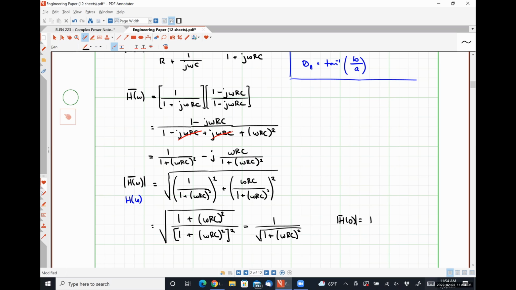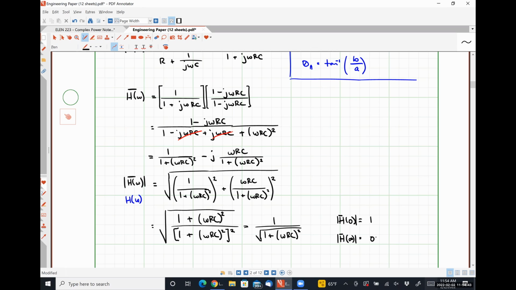That means at very low frequencies, signals are getting passed. What does this simplify to when omega is equal to infinity? 0. Which means at high frequencies, all of our signals are getting rejected. So what kind of filter is this? It's a low pass filter, right? Low frequencies are getting passed, high frequencies are getting rejected or attenuated. So this is a low pass filter.